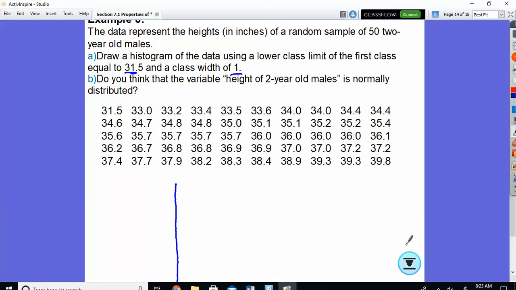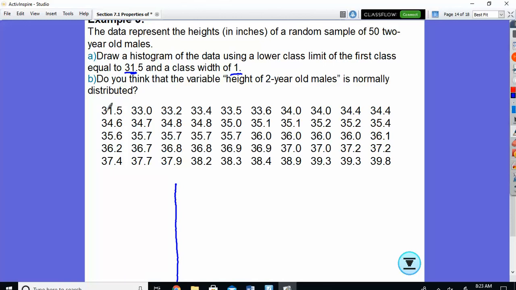Remember the first class would have to end right before that, so it would go to 31.4. Next one would go from 32.5 to 33.4, and so on. It's really not going to matter if we do a relative frequency or just the frequency. Did I put these in numerical order for you? Oh, I did. That is really nice. You don't even have to sort through them and find them. Since I already put them in order, let's just do it by hand, since it won't be too hard.